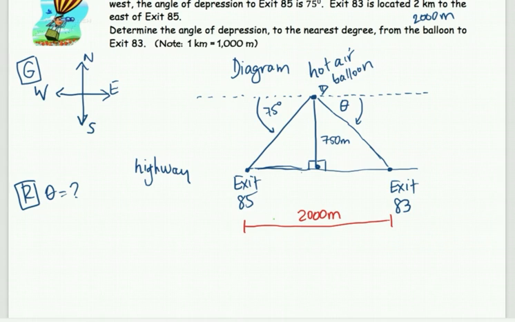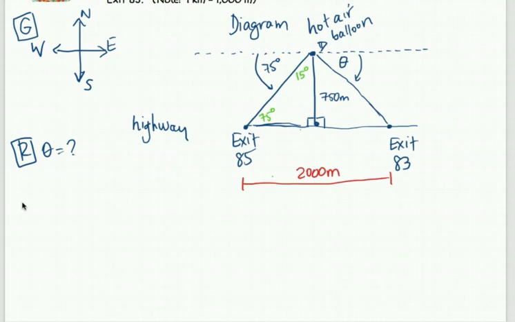We know there's a 90-degree angle up in this corner, so if we know this is 75, we can say this is 15 degrees here. And then if we keep looking around, that's 90, so this would be 75 as well, because angles in a triangle add up to 180.